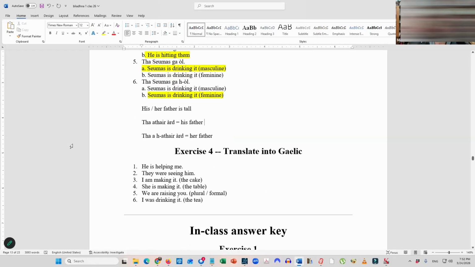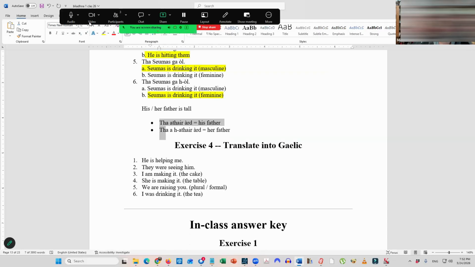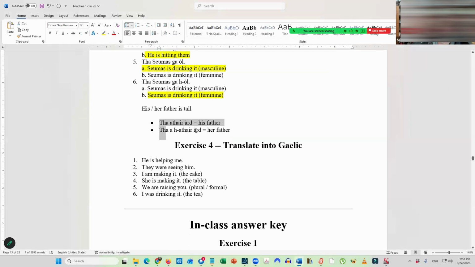Okay. So note that what we have here with the insertion of the H is similar to what we do with the possessive pronoun with the vowel onset noun.